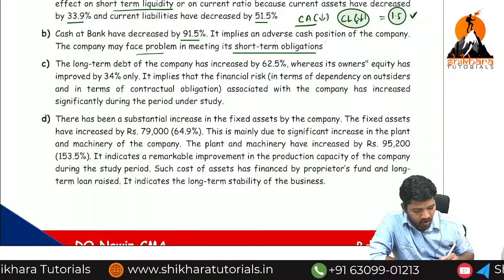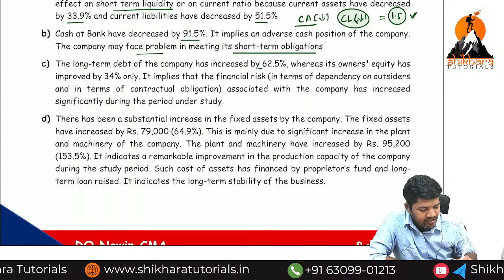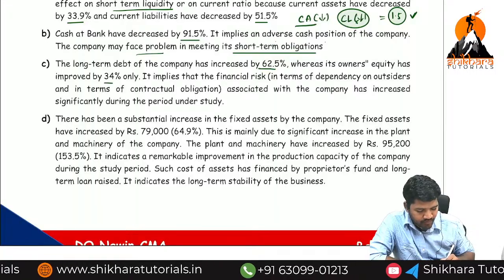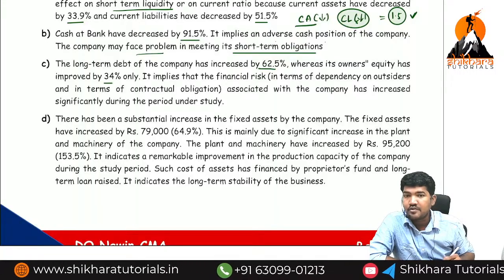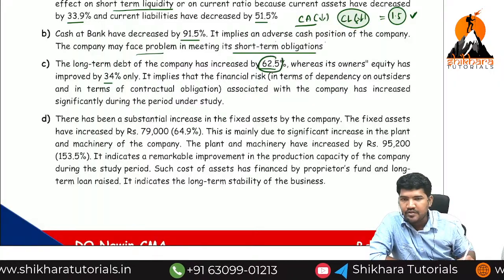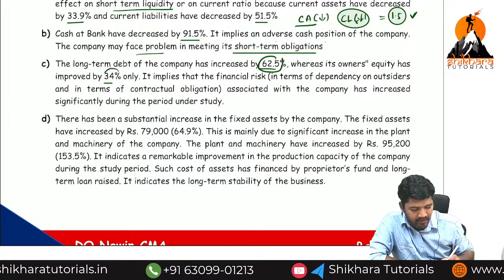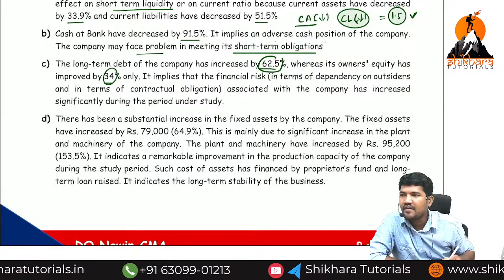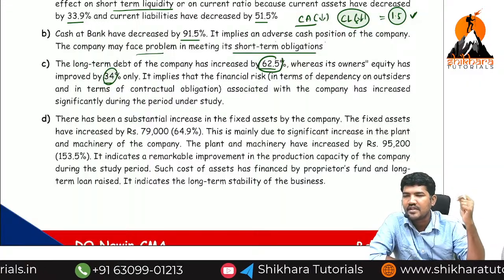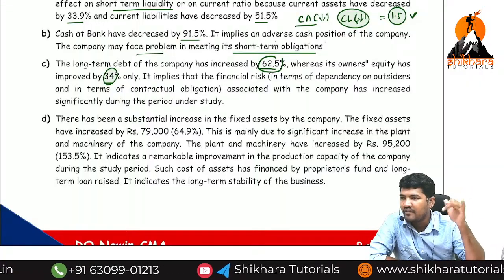Next, the long-term debt of the company has increased by 62.5%, whereas equity has improved by 34% only. Observe how they compare. Long-term debt increased by 62.5%, equity increased by 34%. It means they rely on outsiders compared to the equity within the company owners.